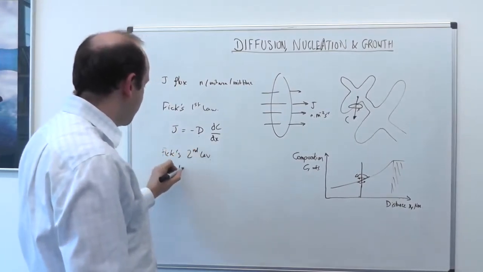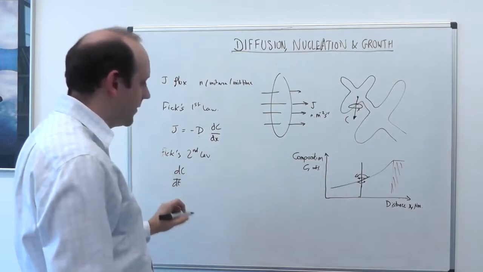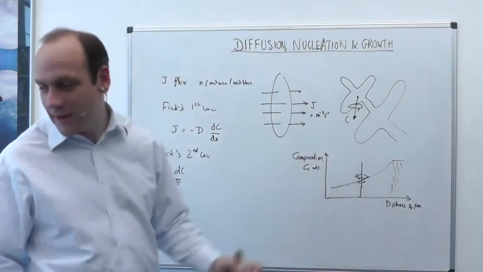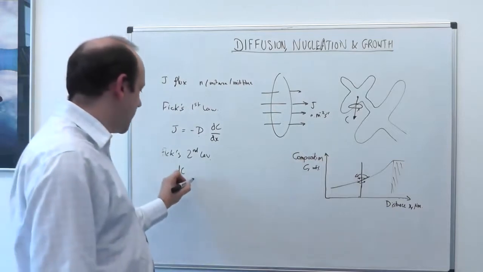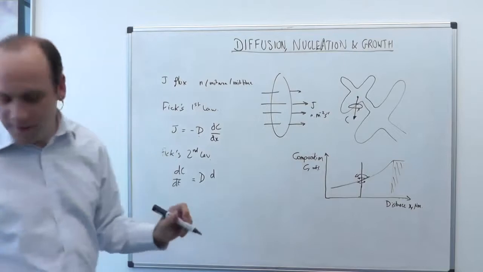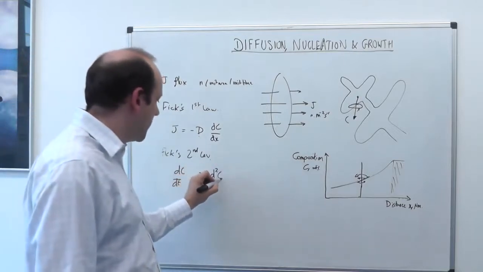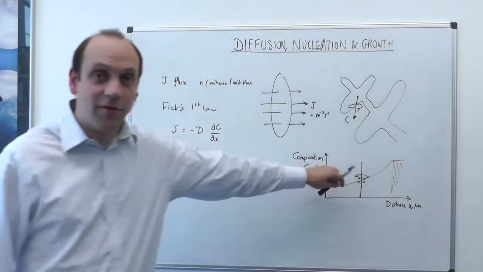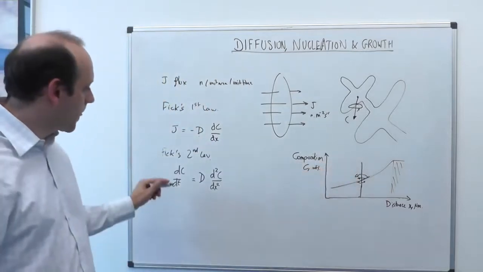Fick's second law is that the rate of change of composition with time, so the rate at which the composition levels out at this particular point here, say, is equal to D times d2c by dx squared. So it's the second derivative of the composition gradient.